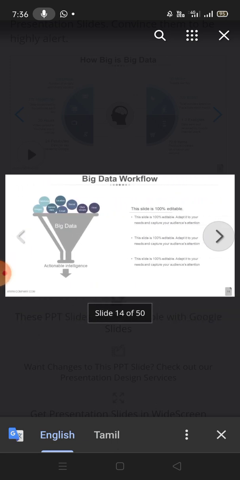The workflow of big data is 100% editable. When big data is stored in the database, we have to change or edit it. The slides are 100% editable, adapted to your needs to capture your audience's attention.